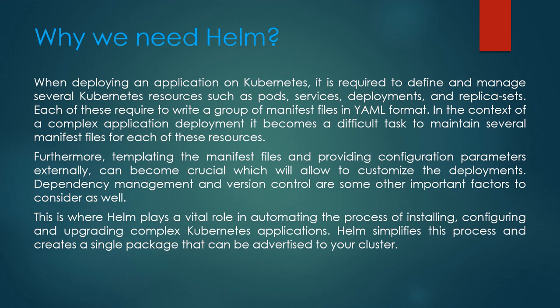So before using Helm, if we are going to deploy an application in a Kubernetes cluster, we need to write a deployment YAML manifest file and a service manifest file for each deployment.